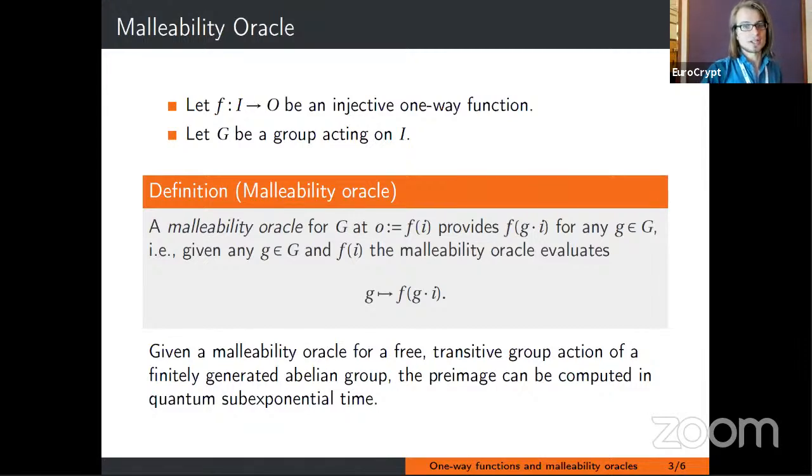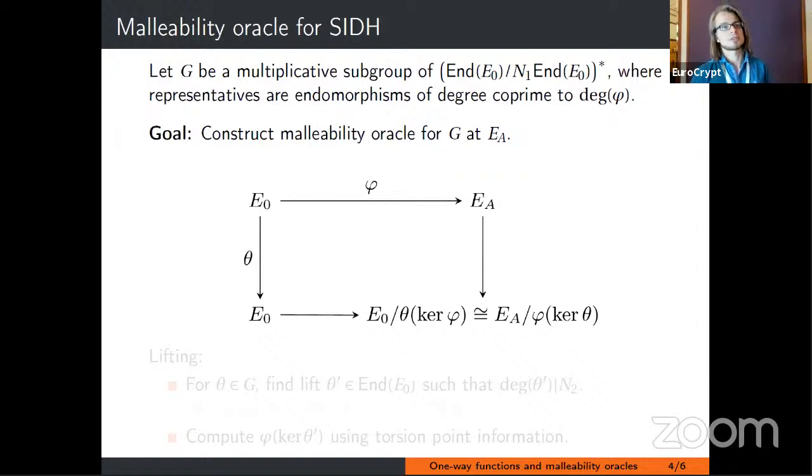The one-way function that underlies SIDH maps certain subgroups of a public starting curve that are of a given size, say N1, to a codomain of the isogeny. So that's a curve. And we give a group G that is a multiplicative subgroup of, we call it, the endomorphism ring mod N1.